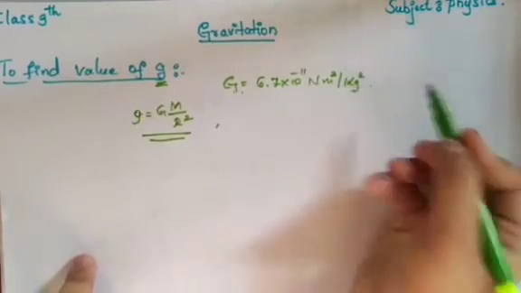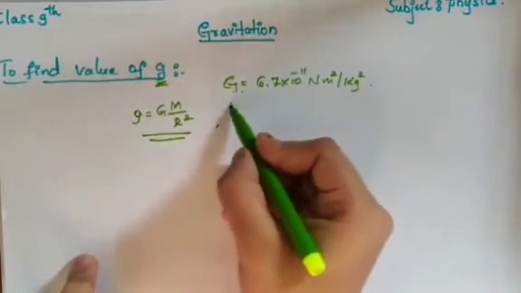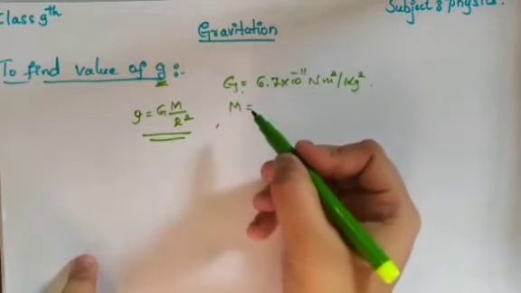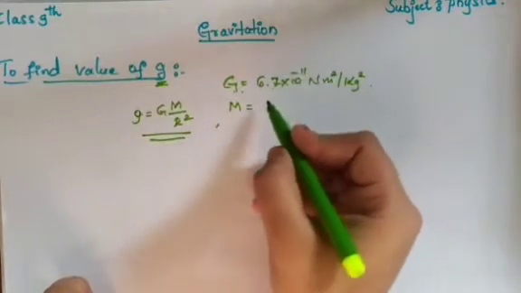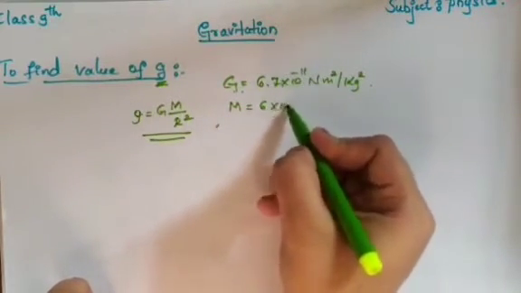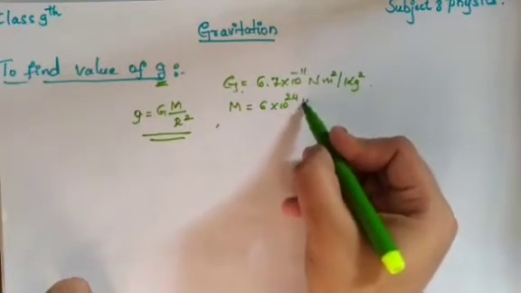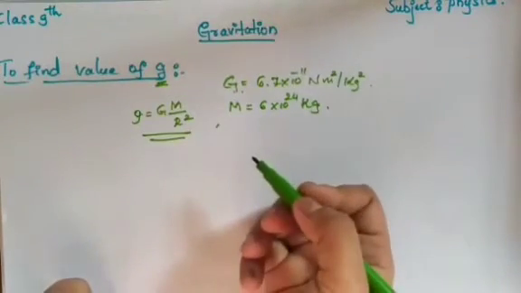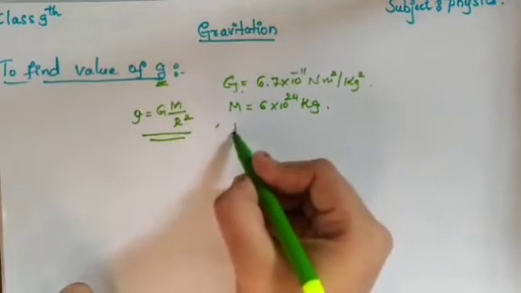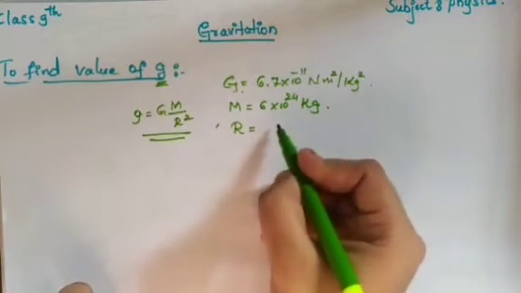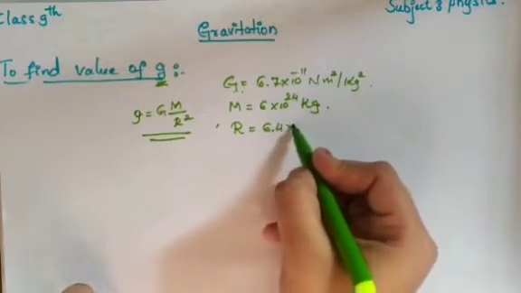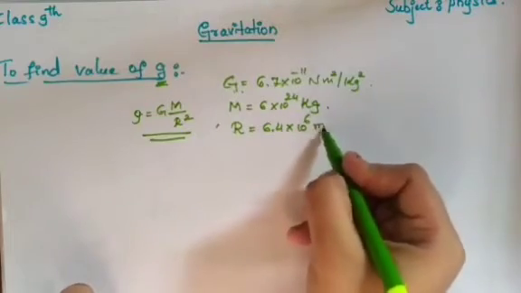This is the capital G value. Similarly, we consider the mass of the earth, approximately 6 into 10 to the power 24 kg, and the radius of the earth, 6.4 into 10 to the power 6 meter.